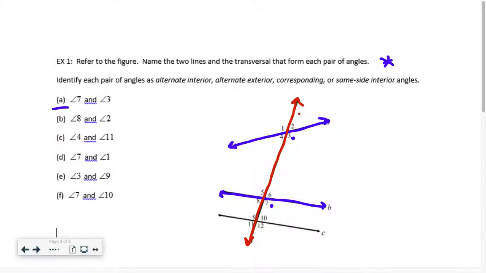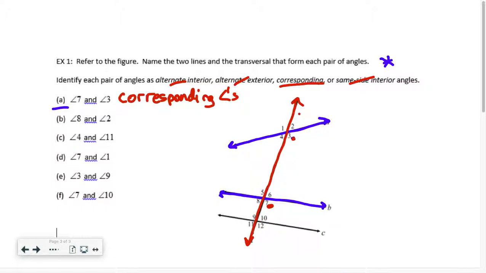So that really does eliminate alternate interior, alternate exterior, or same side, because both of them aren't exterior, both of them aren't interior. So it eliminates those pairs. So really that leaves us with corresponding, which, remember, corresponding is the same position of the intersection. Well, 3, that's the bottom right of that intersection. 7 is the bottom right of that intersection. So these would be corresponding angles. They're corresponding angles. Okay.